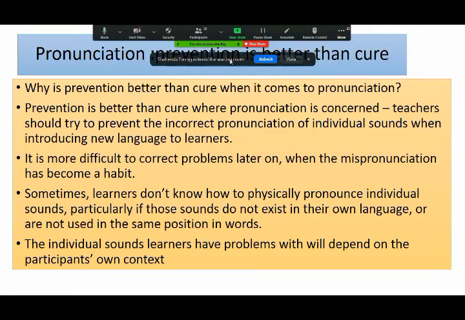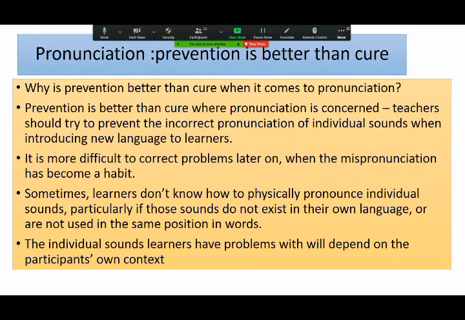If it's a child or teen or in their 20s, to some extent maybe we can change it. But if somebody is older than that, of course, it becomes a habit. So this will be our next point concerning fossilization.